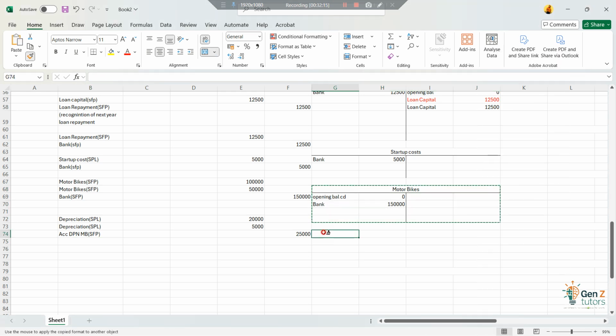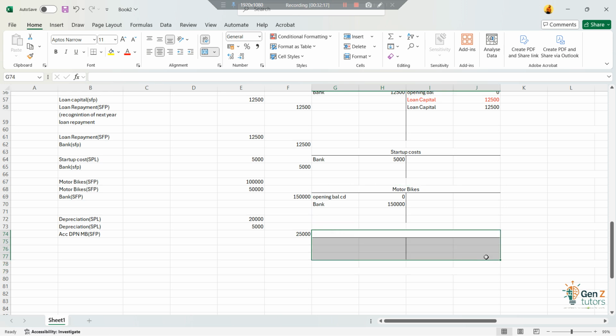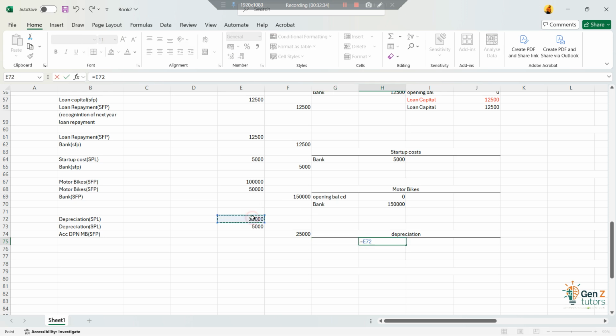And also, just to make your life simple: incomes and expenses, SPL; assets and liabilities, SFP; owner's equity, SCE. If you can just remember that in your head, then you are done. You're sorted, right? And now this is going to be the sum of the two depreciations on the left.